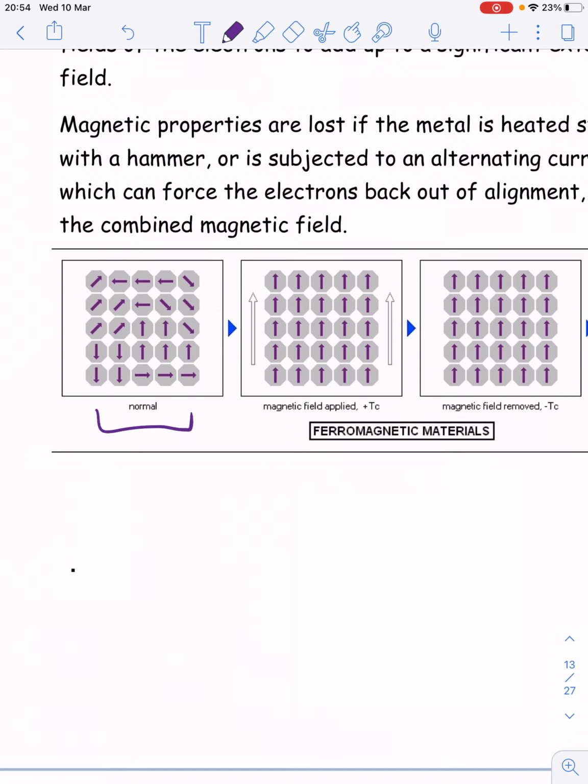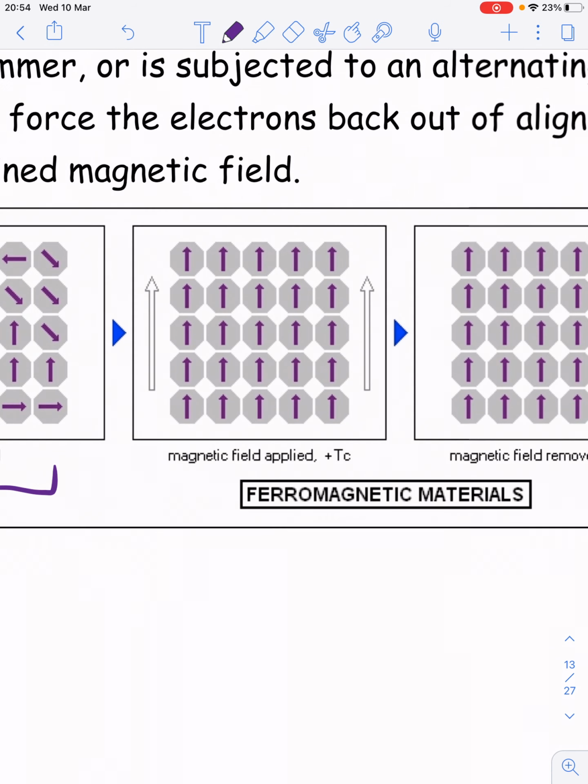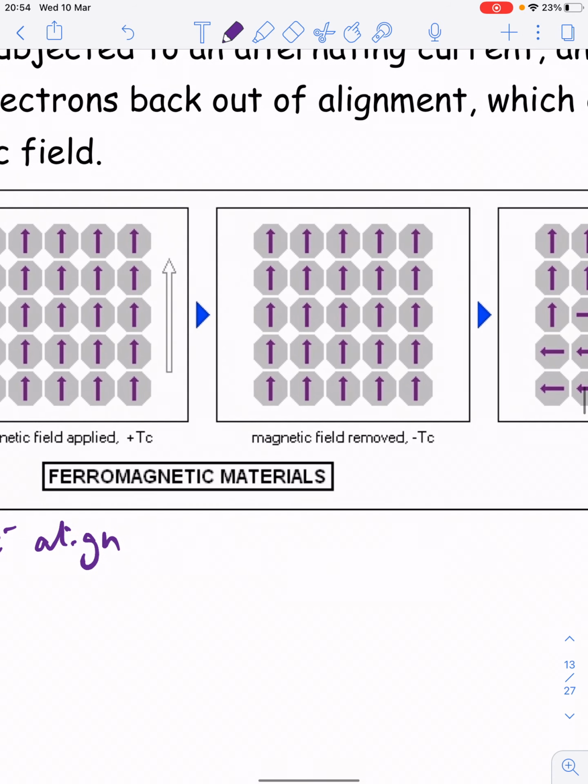So a piece of iron is not really magnetic until it is subjected to a magnetic field by some other magnet. And when you subject it to the magnetic field, the electrons align. And then when you take away the magnetic field, the electrons stay aligned. And so then it acts like a magnet.